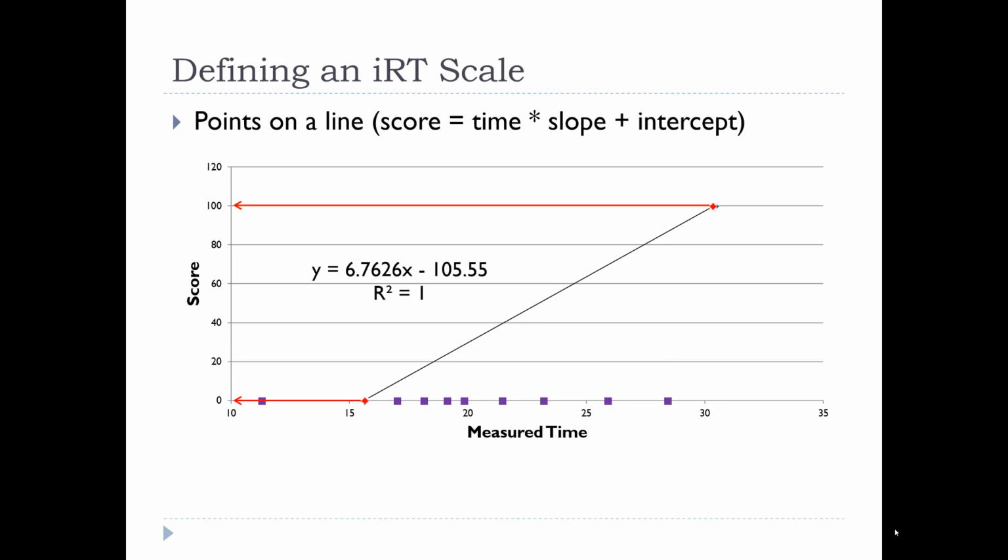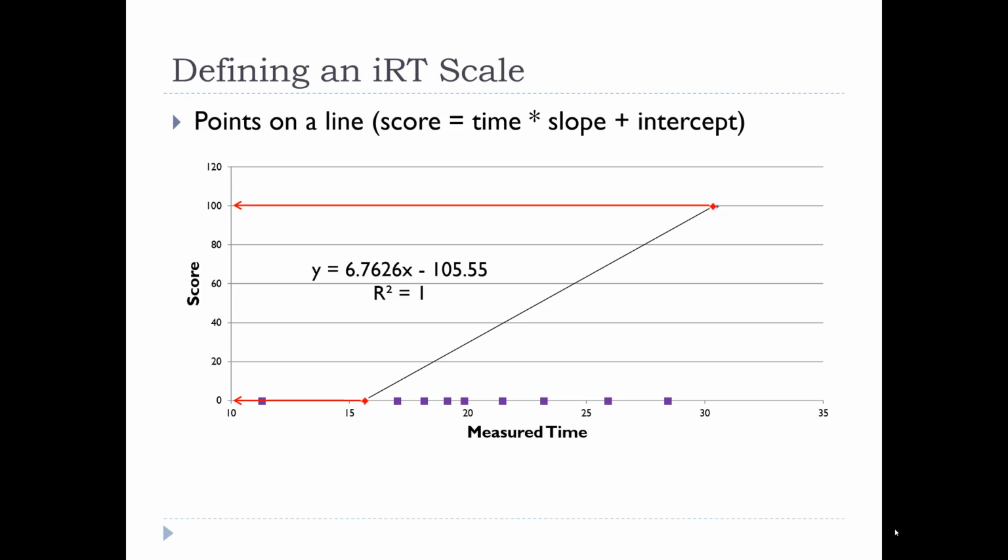So if you think about it, you choose any 2 of your peptides, and Skyline allows you to do this, as we're going to go through. Choose any 2 of your peptides and give them 2 arbitrary values, like 0 and 100. That gives you an equation, right? It's a line, 2 points define a line. You can have an equation that maps from X to Y. Now X is your measured time, and Y is the calibrated space you're trying to map into.